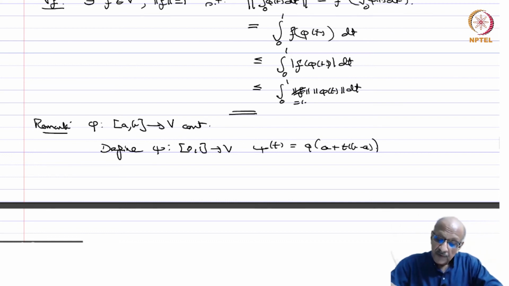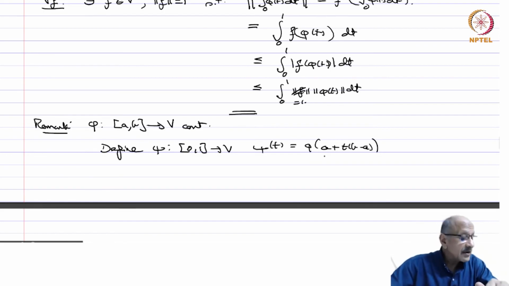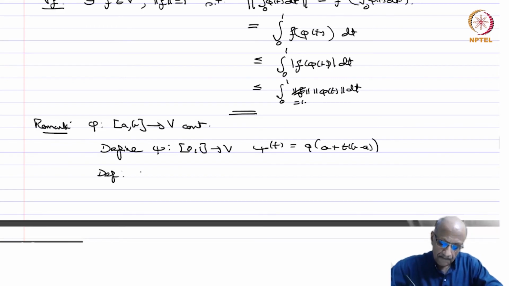So psi of 0 will be phi of a, psi of 1 will be phi of b, and in between psi gets mapped. And we define the integral a to b of phi of t dt by change of variable. So this will be (b minus a) times the integral 0 to 1 of psi t dt.